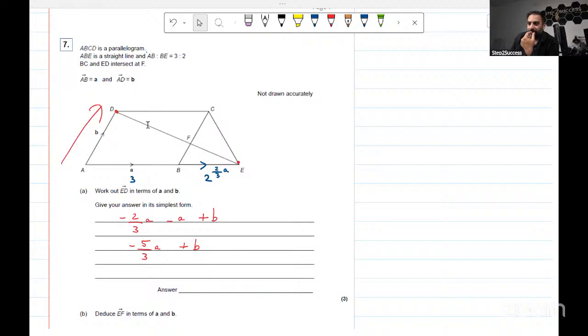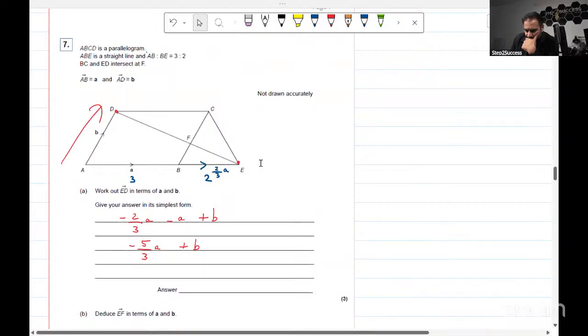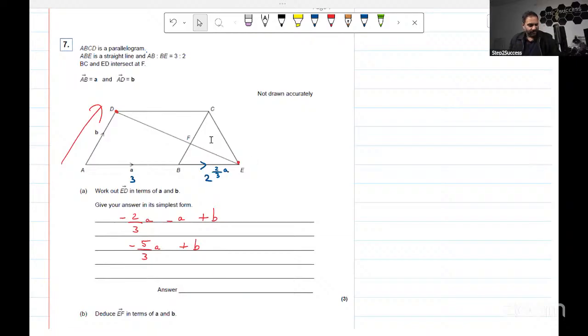I think there's some missing information here. E to F is 2/5 of E to D.